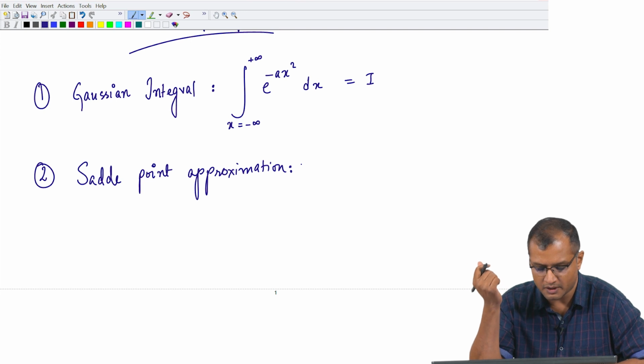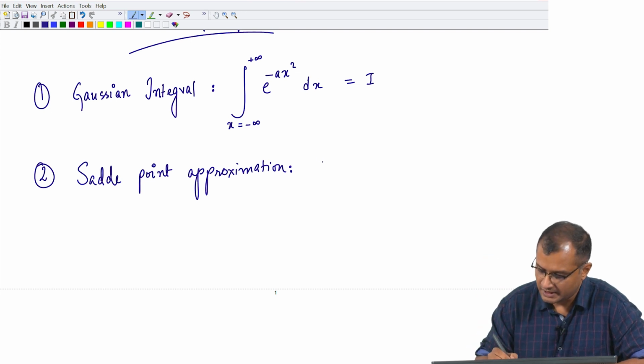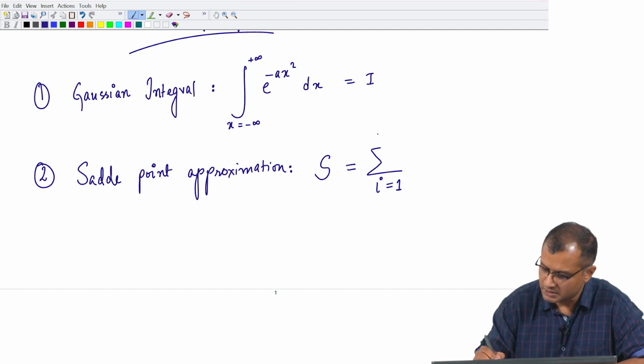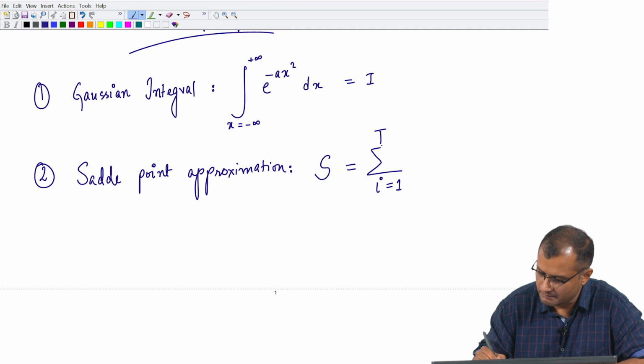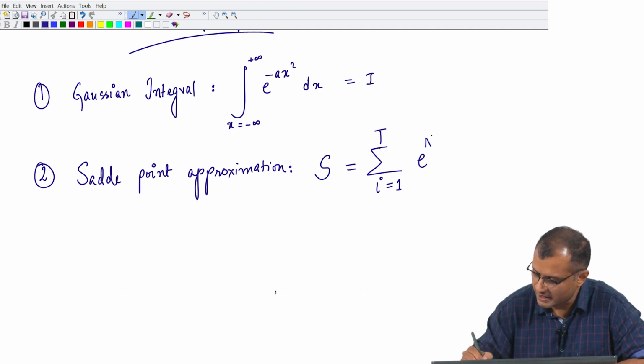It is basically a very important approximation method, if you want to approximate the sum of exponentials. So, suppose I have exponentials, i going from 1 to some t number of terms, and I have these exponentials of the type e raised to n times some x of i.